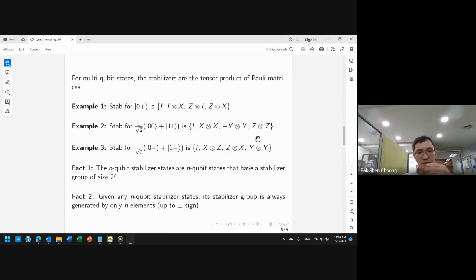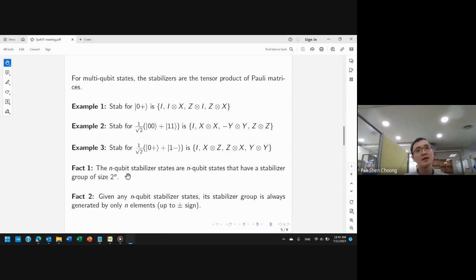In general, if you have an n-qubit stabilizer state, then your stabilizer group will have 2 to the power of n elements. This is easy to see if we look back at 1 qubit.